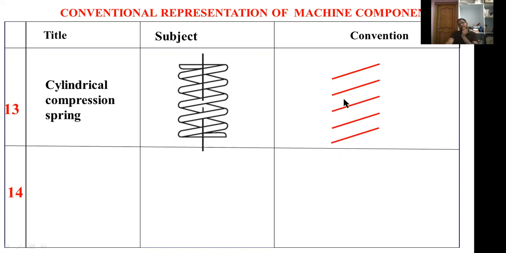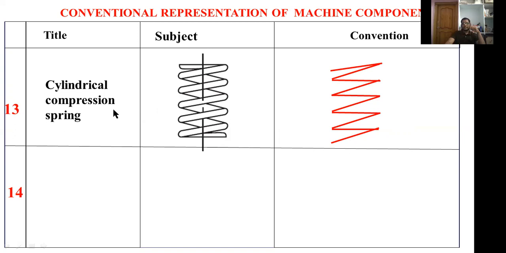These inclined lines represent these inclined lines. Then you have to join these inclined lines also. For that purpose, I am drawing inclined lines like this. So this is the complete shape of a spring. This is the line diagram for springs. This is the conventional representation of a compression spring.